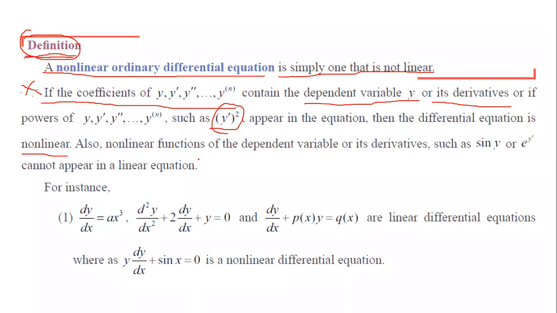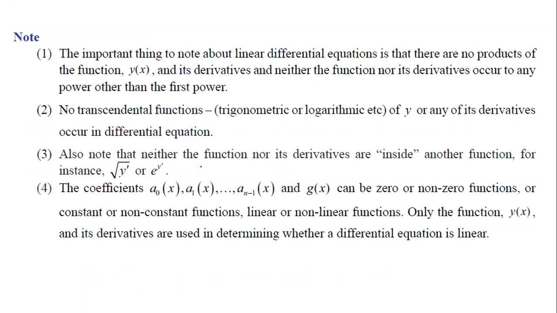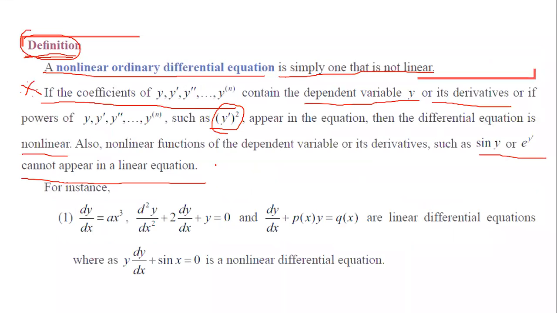Also, non-linear functions of the dependent variable or its derivative, such as sin y or e power y dash, cannot appear in a linear equation. So in the linear equation, simply we can write it in the general form, but in this case it totally differs.